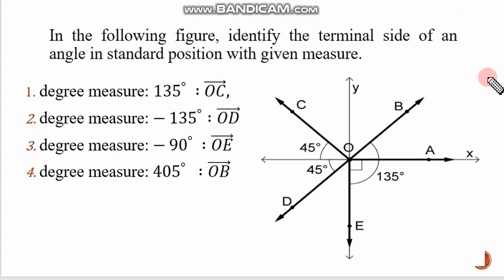In the following figure, identify the terminal side of an angle in standard position with the given measure. Again, the standard position has the vertex at the origin of the circle and the initial side at the positive x-axis. So for 135 degrees, from here, which is 0, up to here, because this is 180 degrees.